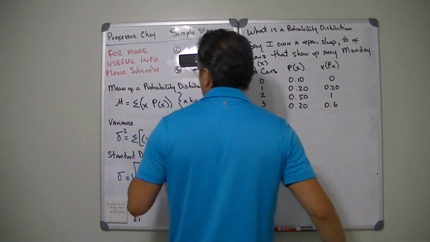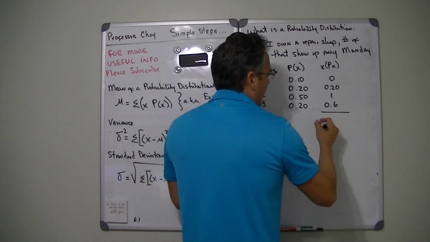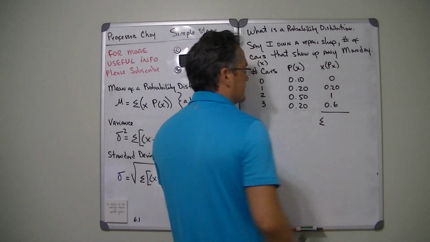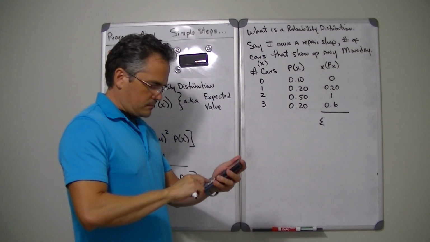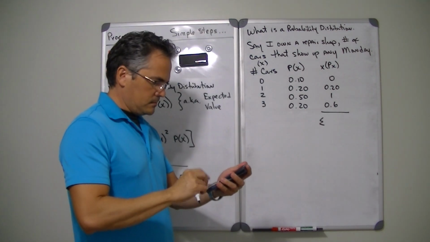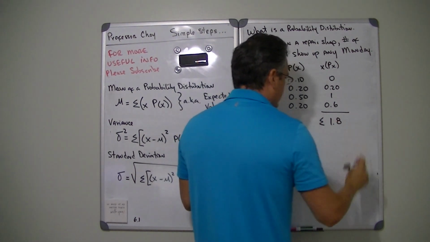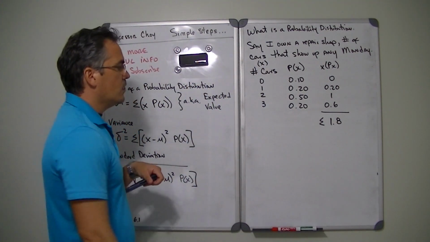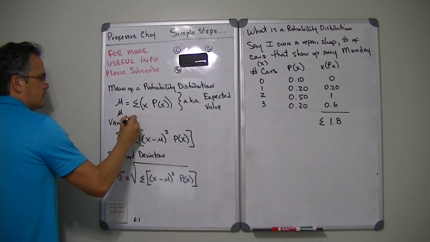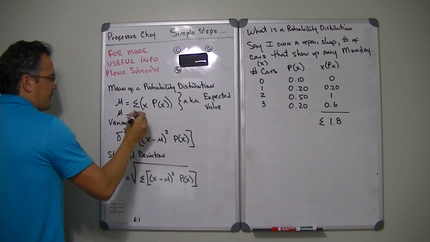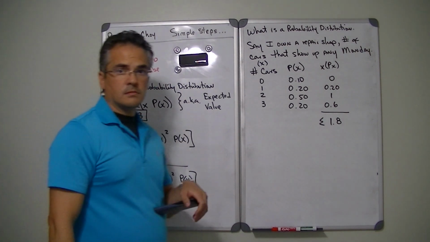Now, the formula says I got to do summation of x p of x, so I'm just going to add that, and I have my answer. And my answer is 1.8. So 1.8 is my mean amount of cars for any Monday.